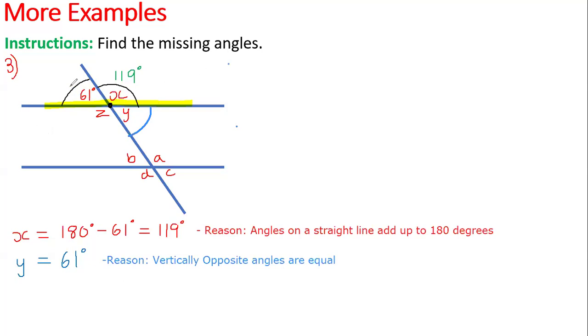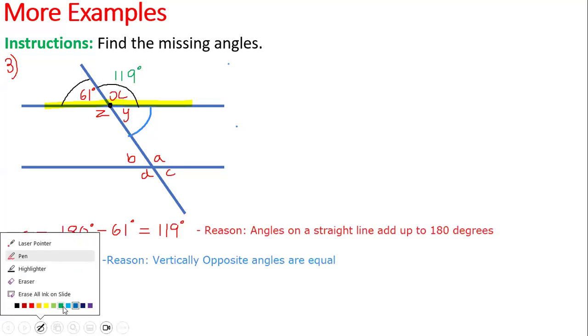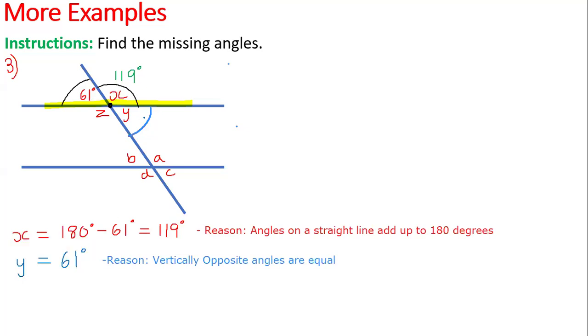Class, do you all understand why Y is equal to 61? Okay, because they are vertically opposite, and vertically opposite angles are equal. So Y is 61, so let's put that there.